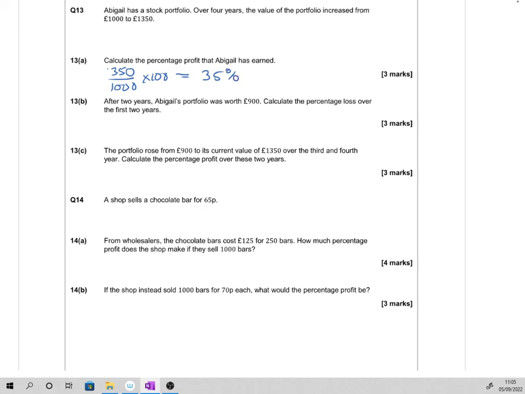It's 30%. Now after 2 years, Abigail's portfolio was worth 900. Calculate the percentage loss over the first 2 years.